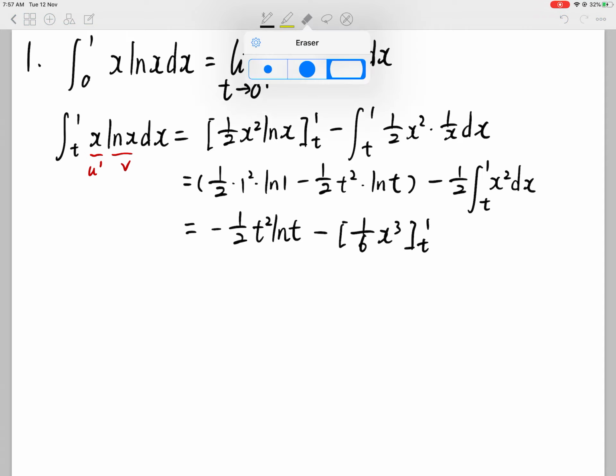Sorry, a little mistake here. It should be x, so here it should be 1 over 4 x squared, which means it is this.